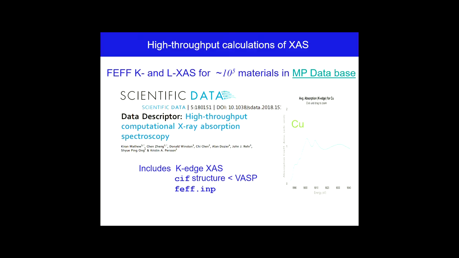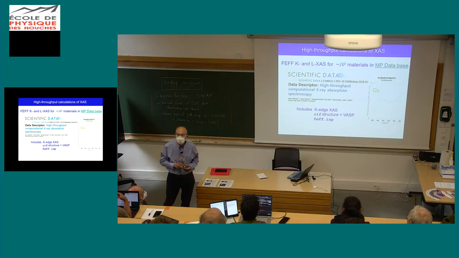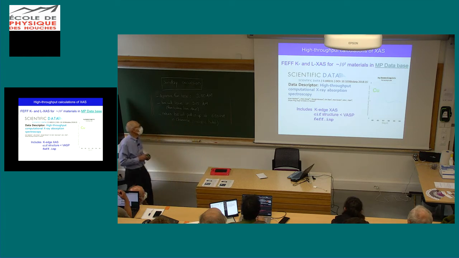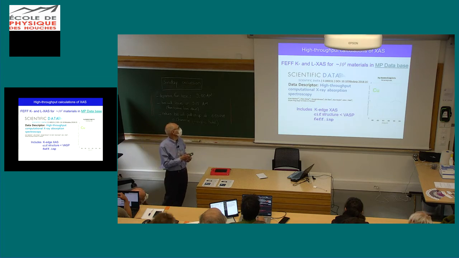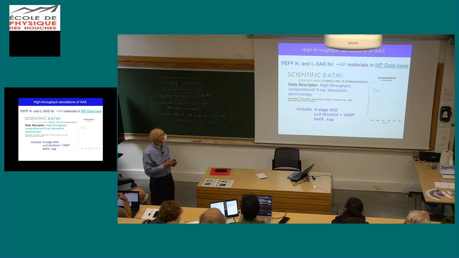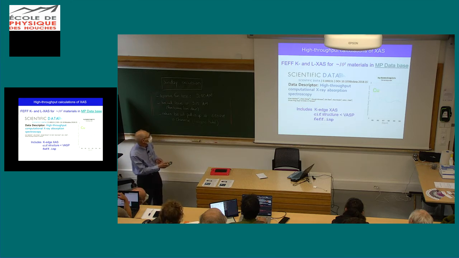Okay, and most recently, we've been doing high throughput calculations. This is in collaboration with the Materials Project. They wanted to have a database that had all the X-ray calculations for all of their materials, and that's available now. You can go into their database and click on any material you want, and you'll see the near-edge spectrum calculated.